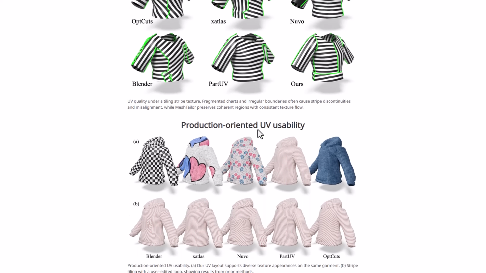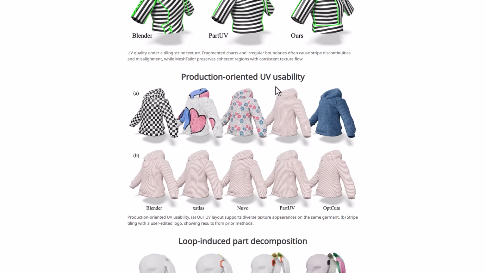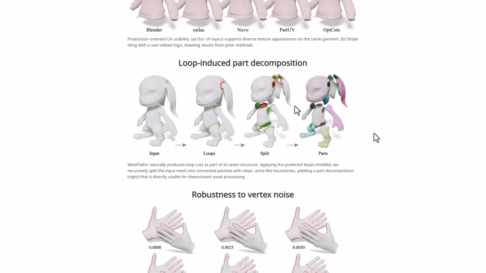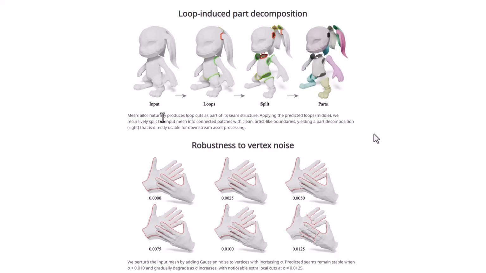Going all the way down, you can see what production-oriented UV usability currently looks like, and you can see this across different tools as well. These tools are doing the best that they can, but of course you can see how MeshTailor handles this. And in terms of the loop-induced path decomposition, MeshTailor naturally produces loop cuts as part of the seam structure. At the same time, robustness to vertex noise is also something that is here.